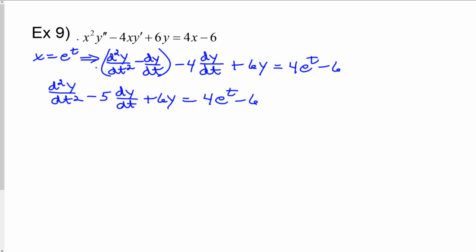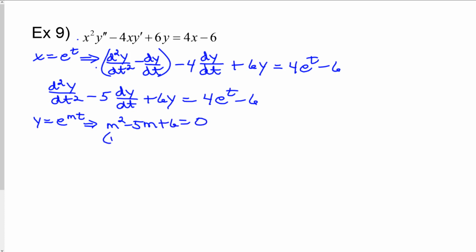Solve this differential equation. So here the left side has constant coefficients. If we assume that the solutions to the homogeneous part are of the form y equals e to the mt, because t is our independent variable now, then we would get the auxiliary equation m squared minus 5m plus 6 equals 0.